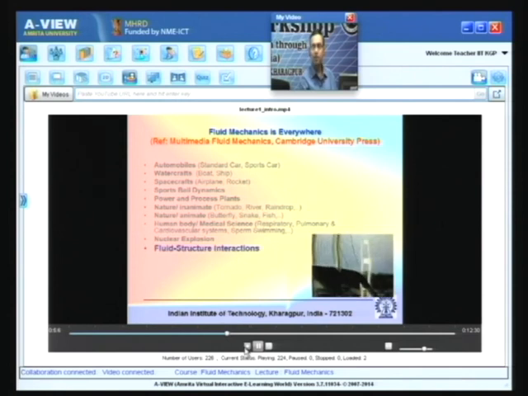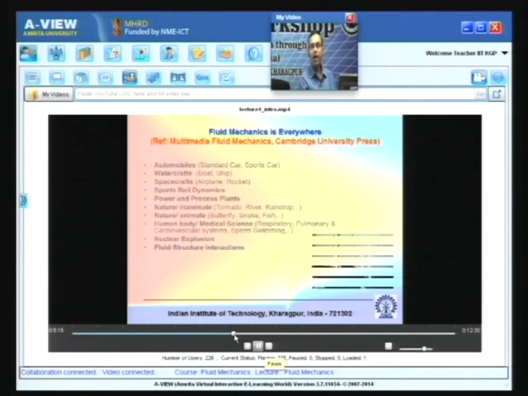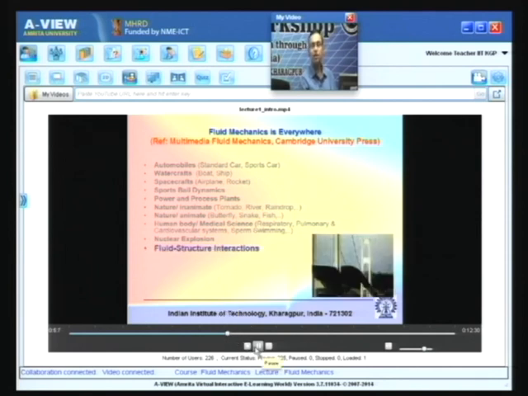certain frequency, and the bridge has its own natural frequency. So when the imposed frequency is the same as the natural frequency, there is something called resonance, and because of this the structure can oscillate with a very large amplitude, and this can lead to the collapse of the structure.